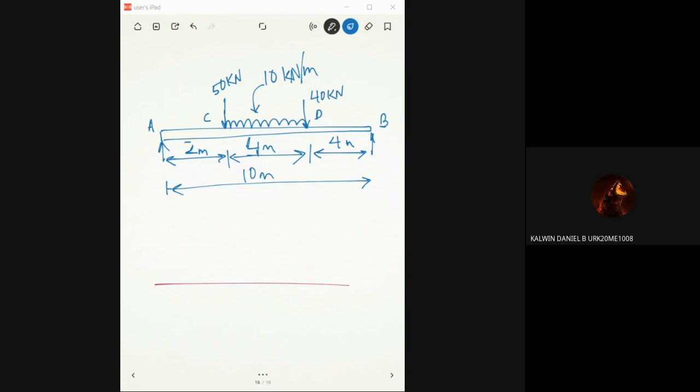Calvin, present, ma'am. Brian Astor, present, ma'am. Jacob Evans, present, ma'am. Jacob Praveen, present, ma'am. Vishnu, Jerry, Prashant Mukesh, present, ma'am. Ashwin, present, ma'am.